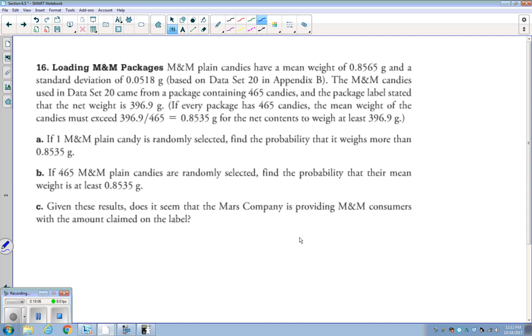If every package has 465 candies, the mean weight of the candies must exceed 0.8535 grams for the content net weight to be at least 396.9 grams. Okay? If one M&M candy is randomly selected, find the probability that it weighs more than 0.8535 grams. Go ahead and do that.